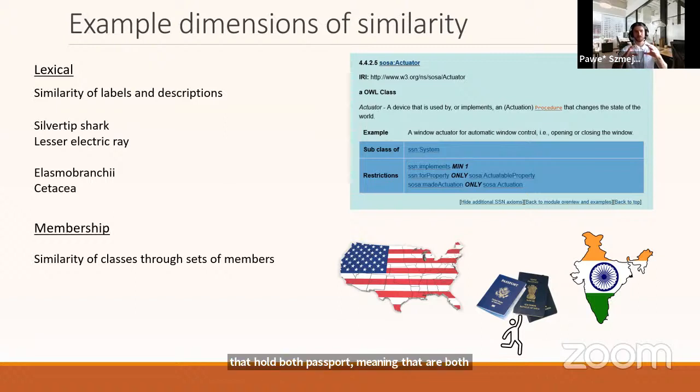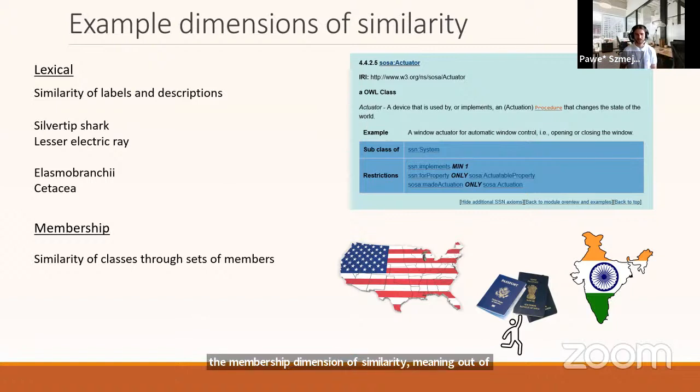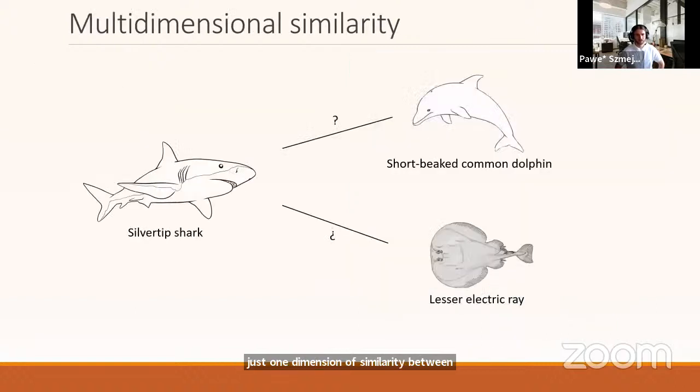And those multinationals are evidence of the membership dimension of similarity, meaning out of everyone that is an American and everyone that is Indian, there is an overlapping part in the middle. And that tells us just one dimension of similarity between USA and India.